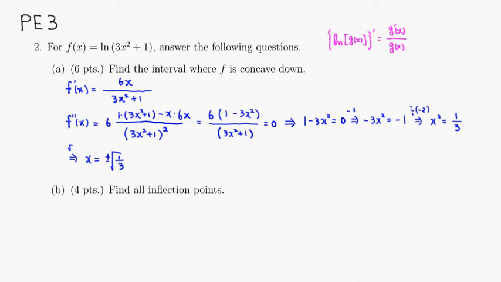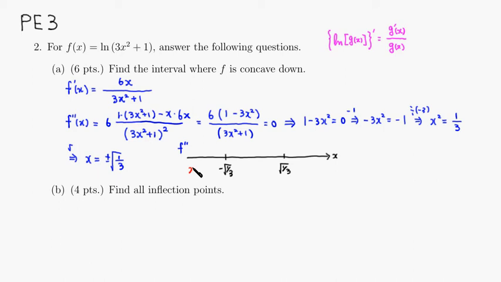So we can do a number line here. Draw a number line, and use those two values, negative square root of 1/3 and the positive square root of 1/3, and put tick marks there. Then we're going to look at the sign of the second derivative. We can try any sample number less than negative square root of 1/3.